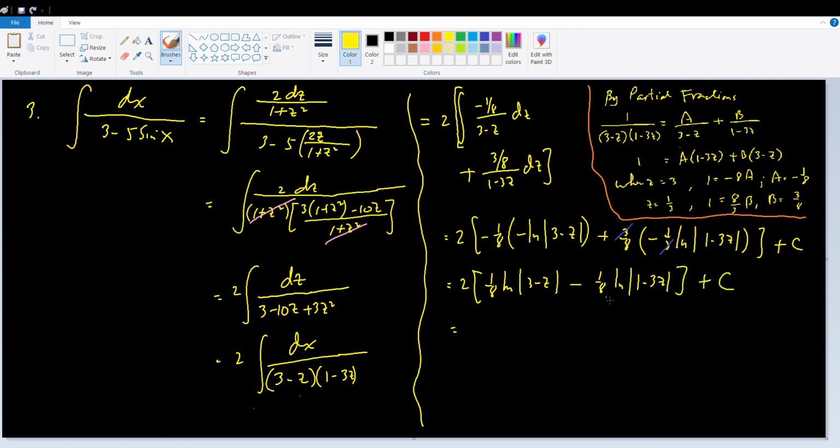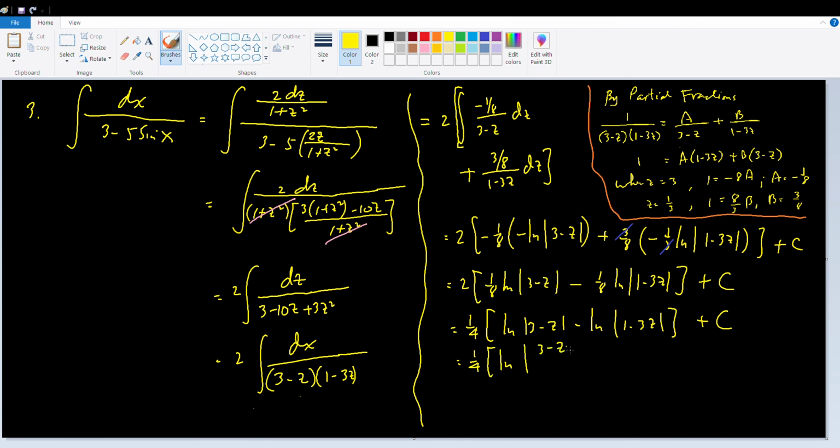Okay, we can factor 1/8, so 2 over 8 will be 1/4 times ln of 3 minus c minus ln of 1 minus 3c. These two ln's can be combined as one. The difference of two ln's is actually the ln of their quotient.